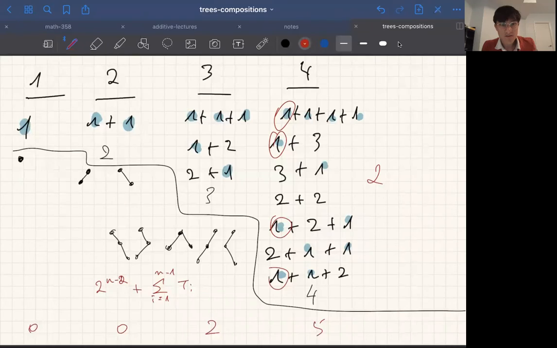That was the recurrence for the numbers. And so for example, for 3, 2 to the n minus 2 would be 1. And sum i equals 1 to n minus 1 would be, is that 1? No, it'd be 2 and then 3.